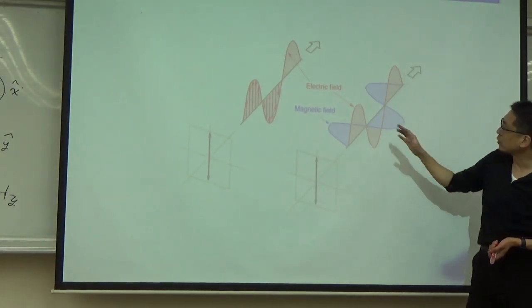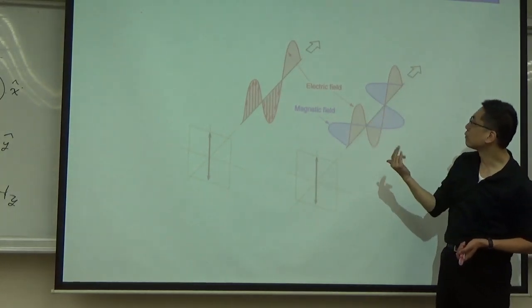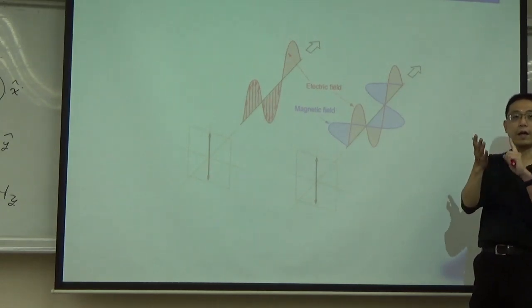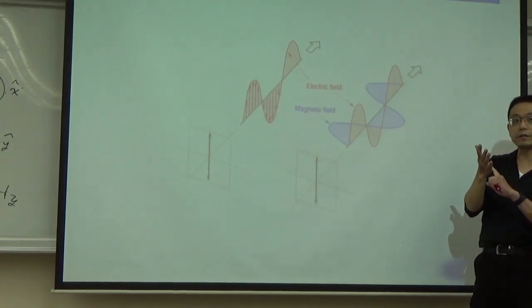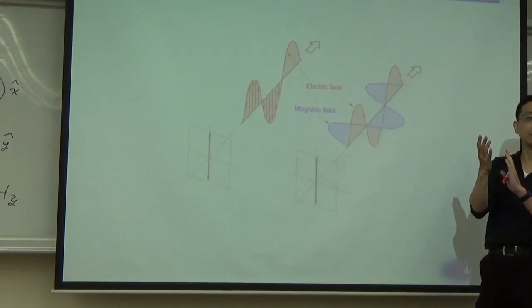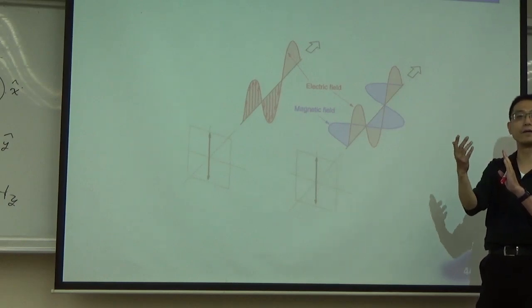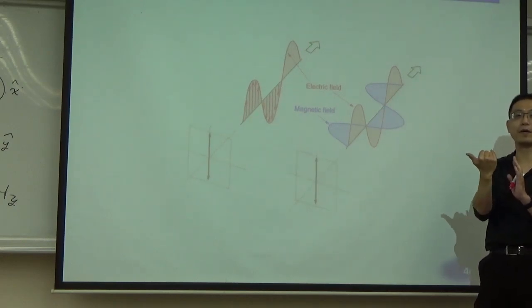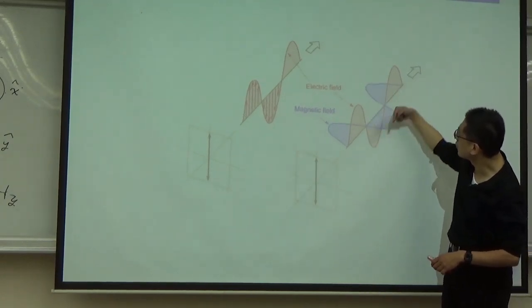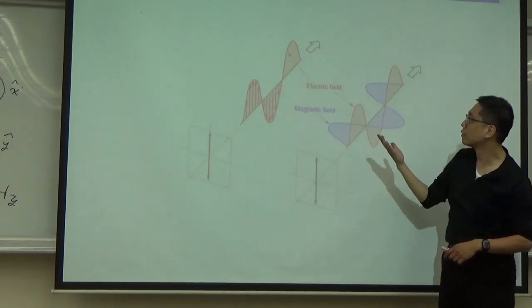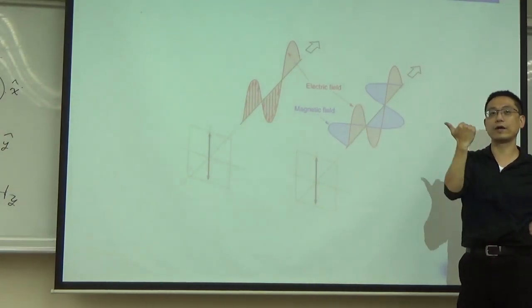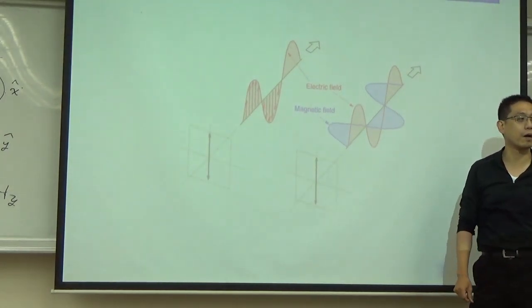The direction in the figure is a little bit misleading. You know what I mean, right? E, H, and the wave propagating, they are all perpendicular to each other. And this one is not correct. It should go this way. Sorry. E, H, and P. P is the power, where the power goes.